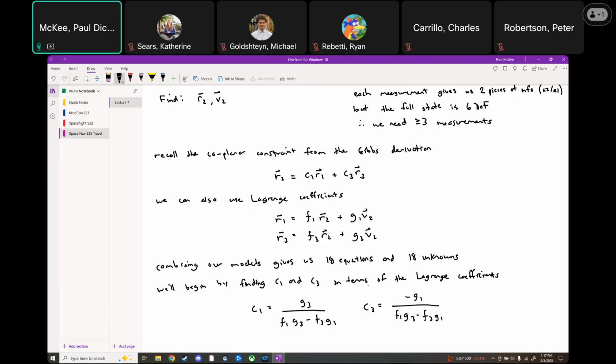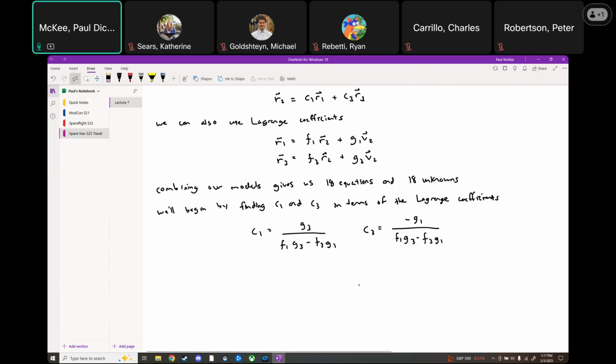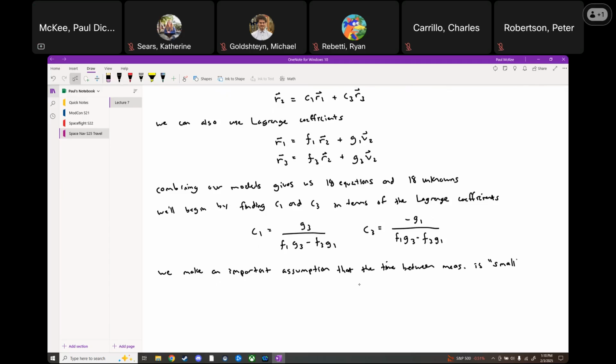Now, we make an important assumption here before we move on. An important assumption is that the time between measurements is small. So whenever you see things like this, your brain should probably jump to linearization, right?